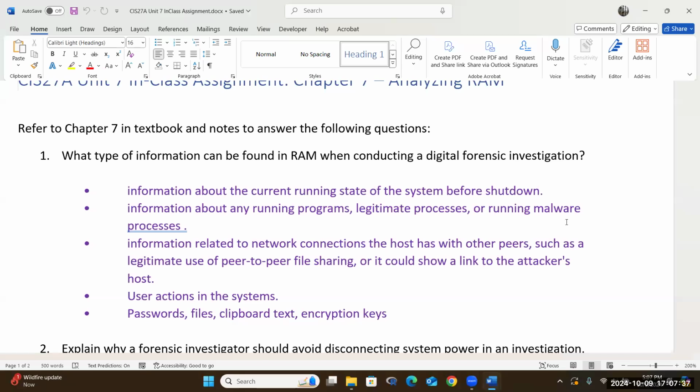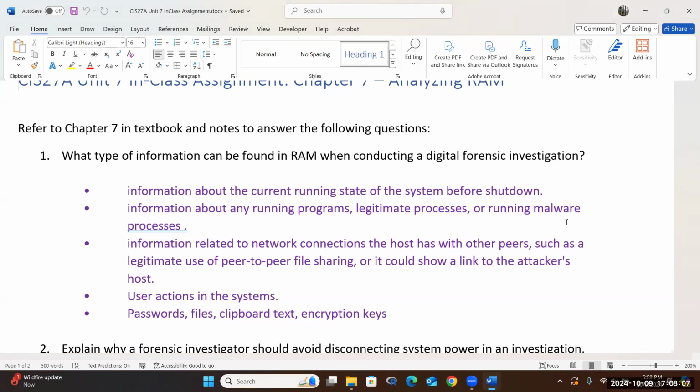Number one, you can find information about your system's current state before it shuts down. That would be important. Maybe an application that's being run or used. Some temporary storage information is also essential in our investigation.